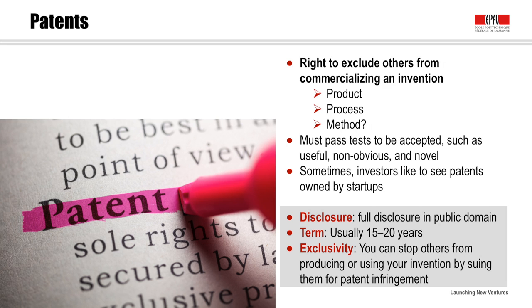It has to be something new. It can't be obvious what you did, and someone must find it useful. If these conditions are met, then the patent office in whatever jurisdiction may accept your patent, and then you'll be subject to some disclosure. Now, disclosure rules also vary by jurisdiction.